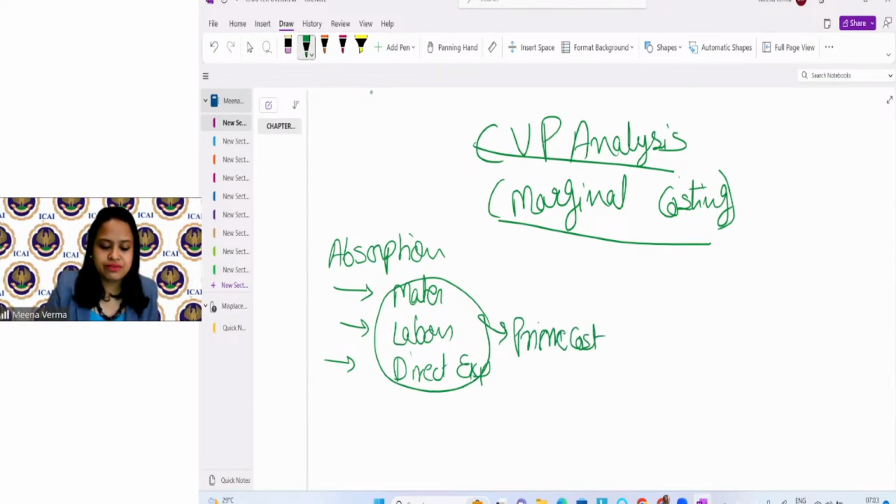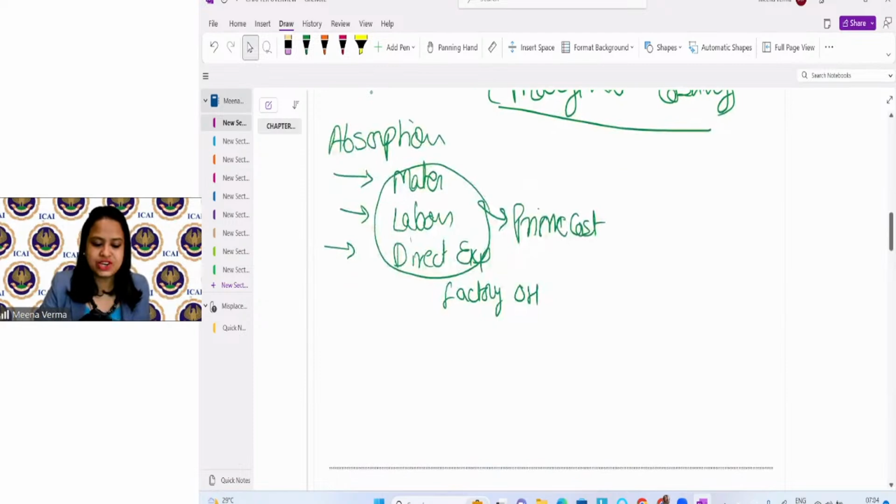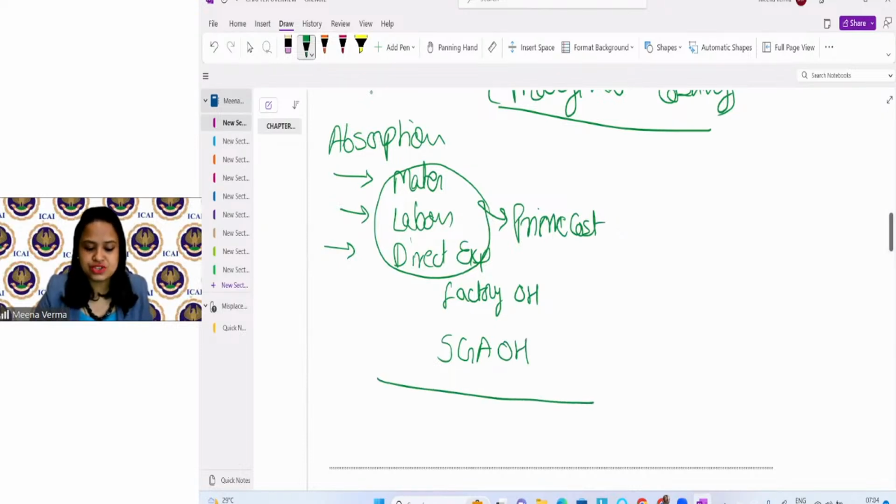Then we consider the factory overhead, also known as production overhead, then selling, general and administration overhead. This gives you the total cost of the company.